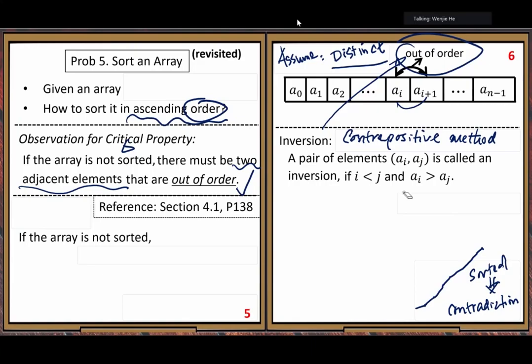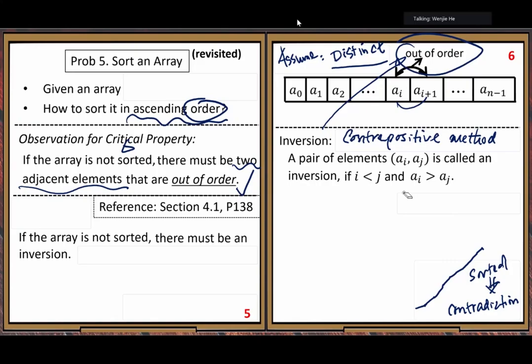Before we go to the algorithm details, let me give you two equivalent statements of the critical property. The first statement is, if the array is not sorted, there must be an adjacent inversion.